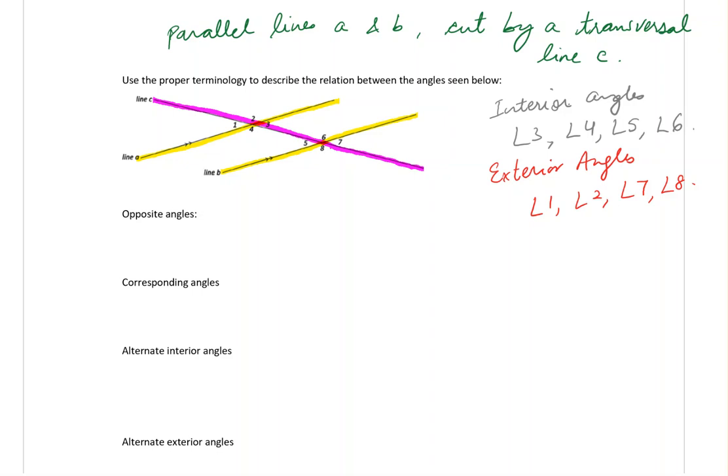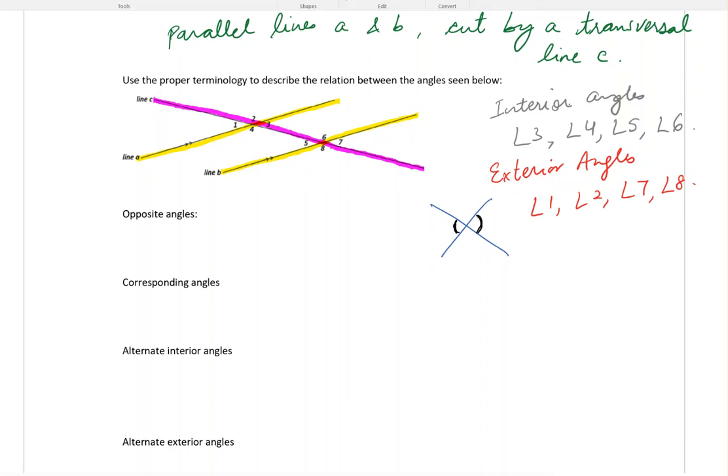First we're going to talk about a special pair of angles called vertical opposite angles, or just opposite angles. When two straight lines intersect with each other, they form 4 angles. If we have two lines that intersect each other, the opposite angles are the angles which are formed here.